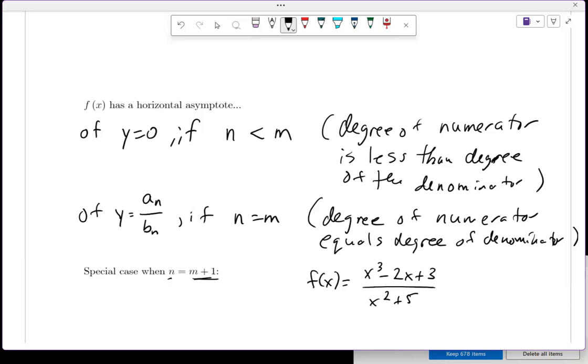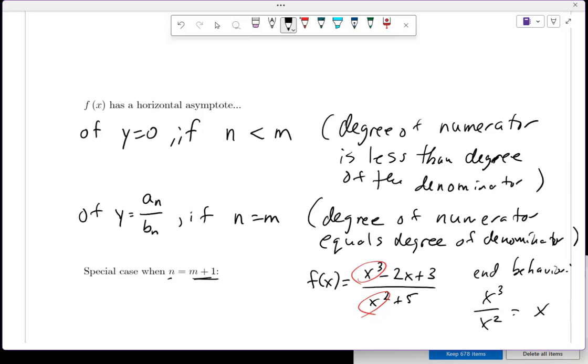Again, thinking of end behavior, what term matters on the top? The x cubed, right? What term on the bottom matters for end behavior? x squared. So if I look at end behavior again, we have x cubed over x squared. What would that simplify to? Just an x. Now, that tells us we don't have a horizontal asymptote, right?